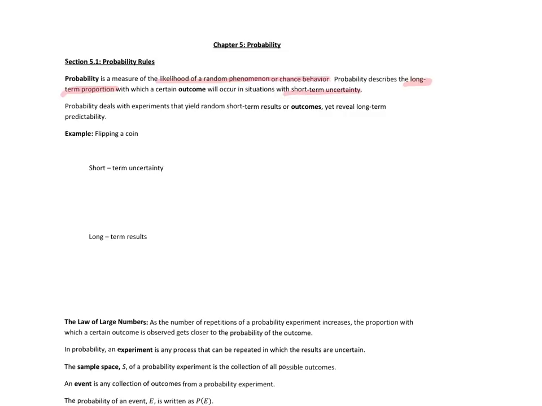All right, so let's break that down with a probability experiment. Probability deals with experiments that yield random short-term results or outcomes, and it reveals long-term predictability. So our experiment, again, we'll go back to flipping a coin. This is our experiment.